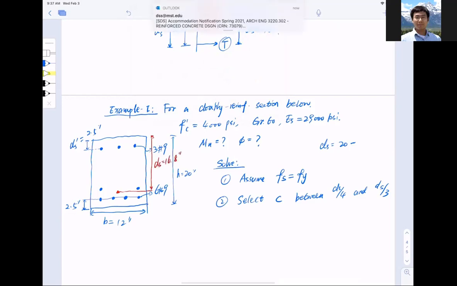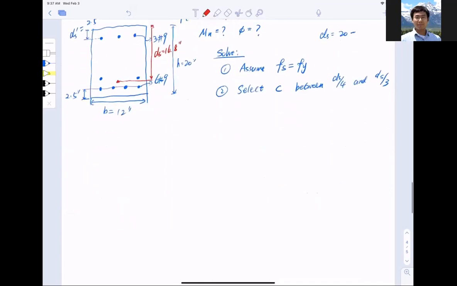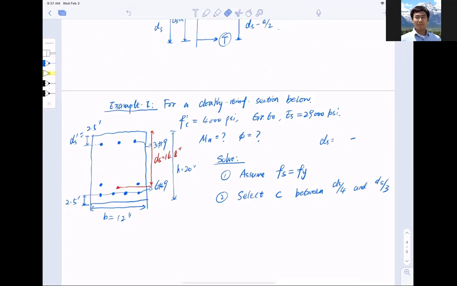In reality, you have to calculate it yourself, and we have demonstrated how to do that before. You might have to do it yourself for homework and for the exam. Now, ds over 4 is 4.2 inches, and ds over 3 is 5.6 inches. So I need to pick a number between. I'm going to try a wholesome number of C equal to 5 inch.